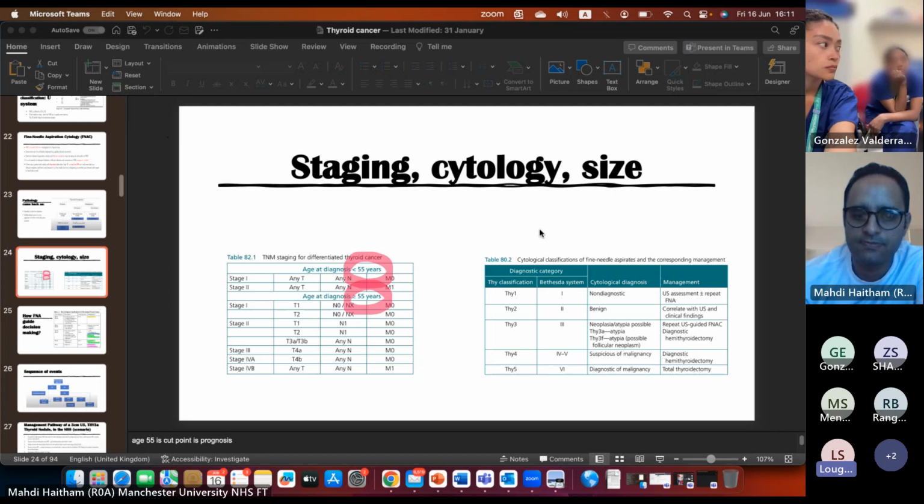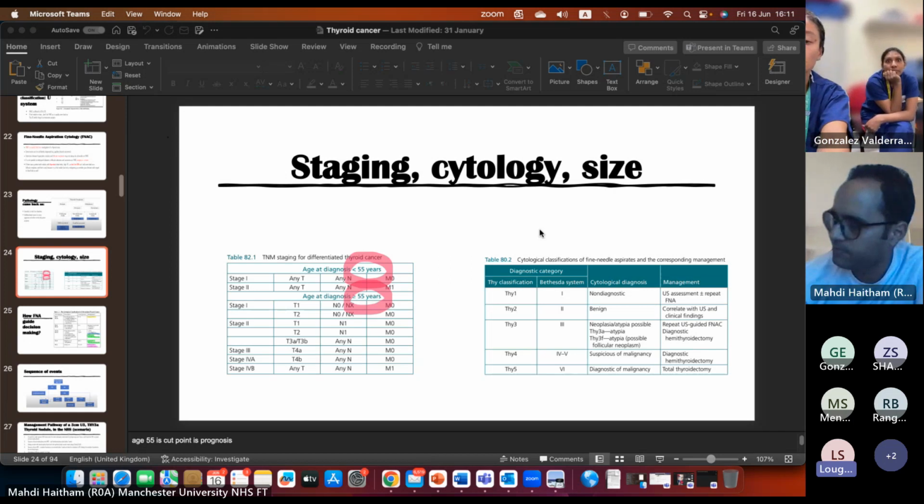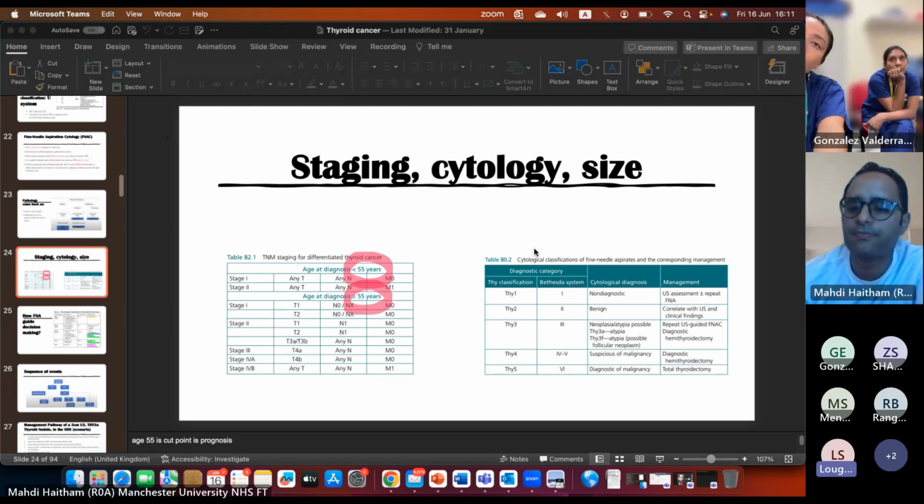The only slight caution with that, Haitham, is obviously if they are children, they don't do as well overall as the middle-aged adults and young adults. Some of the children do have aggressive disease. But as an overall age cut off, 55 I think is a good age to decide what stage the patients are. It doesn't change hugely how you treat the patients, but it is useful.